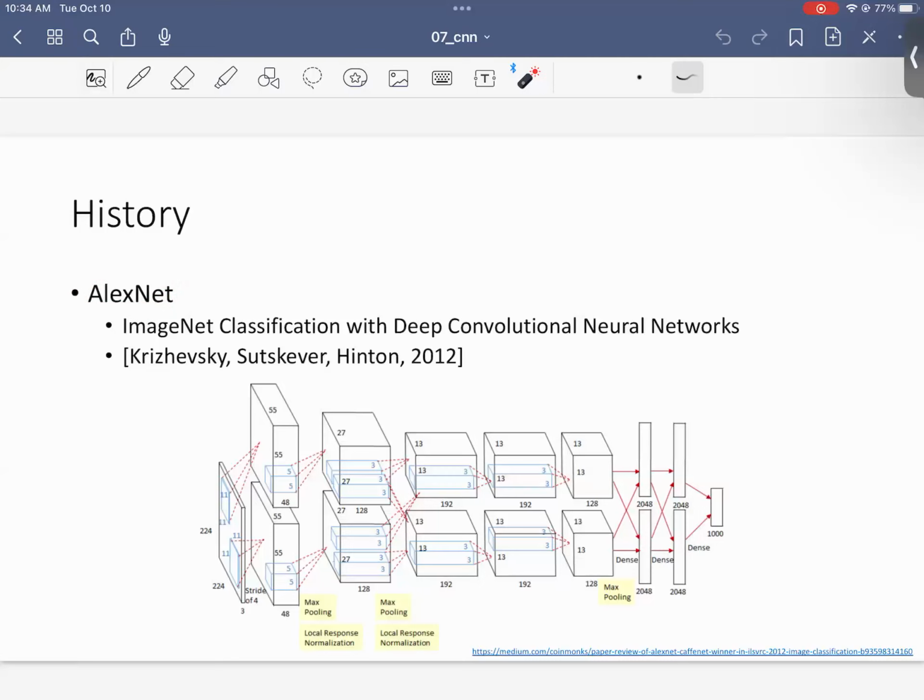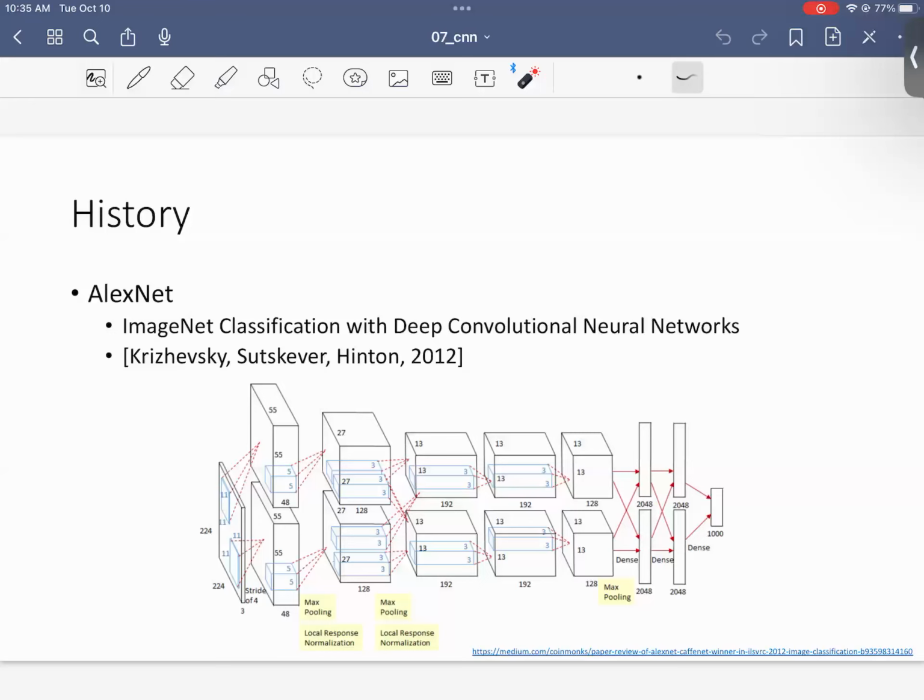This is the first well-known deep learning architecture, you can see it as the very first deep learning architecture, by Geoffrey Hinton, Ilya Sutskever, who's the OpenAI guy now, and Alex Krizhevsky. It has a rather complex architecture.